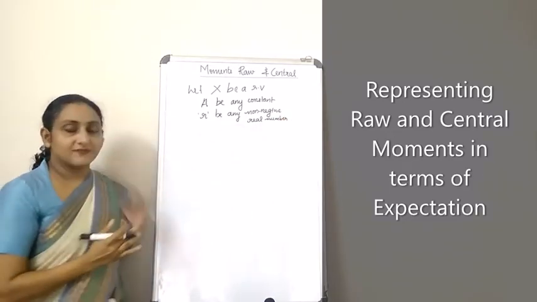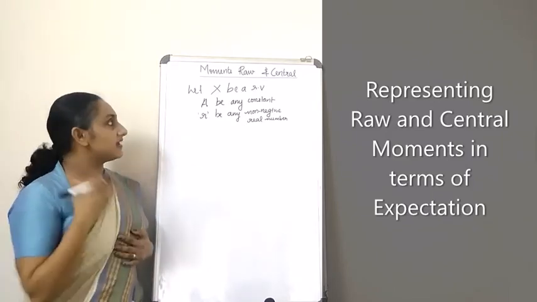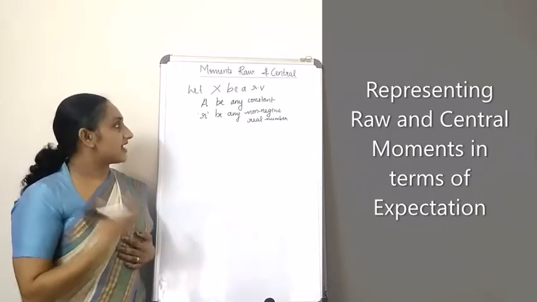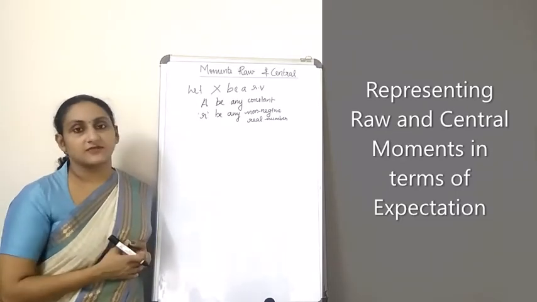So I have defined three terms here: X is a random variable, A is any constant, and r is a non-negative real number.